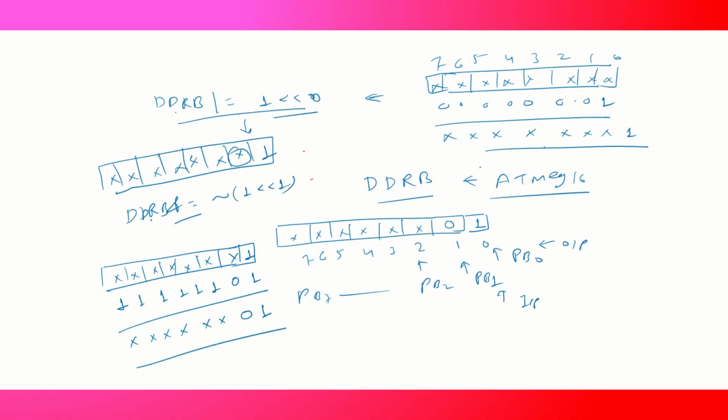We can also write this as equivalent to this number. So 1 left shifted by 1 is equal to 0 0 0 0 0 0 1 0, and when we apply NOT, this will become 1 1 1 1 1 1 0 1.